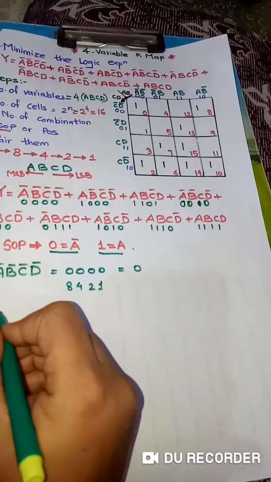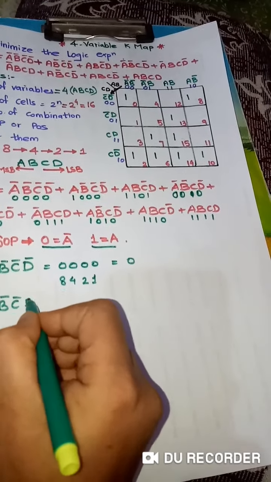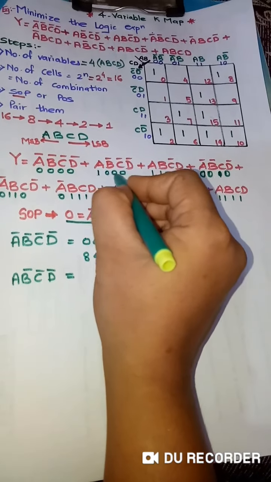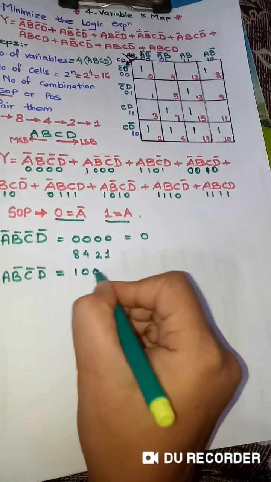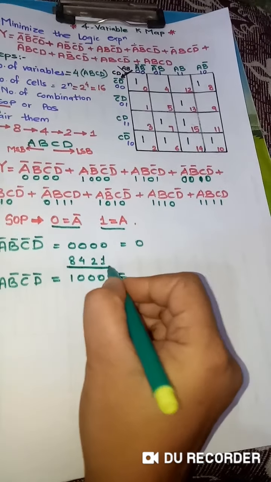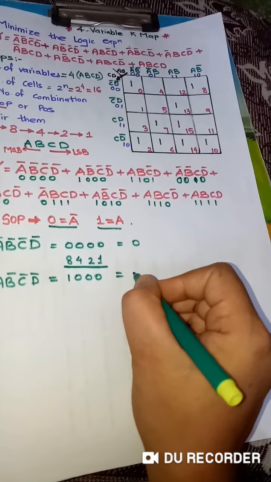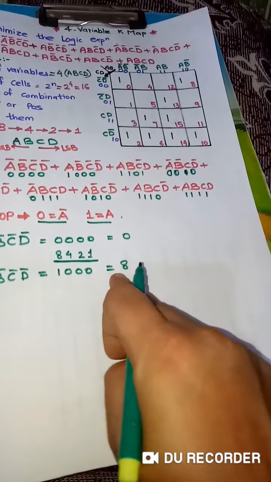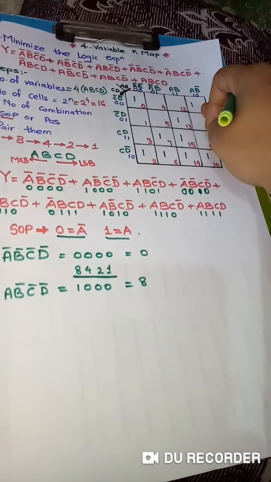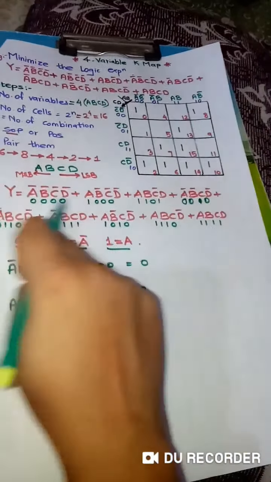Again for A, B bar, C bar, D bar, I have written 1, 0, 0, 0. Comparing with the pattern, 1 is 0, 2 is 0, 4 is 0, 8 is 1. So I have only one output, that is 8. Have I filled block number 8? I can check it here. Yes, I have filled it. And 0, yes, I have filled it. Likewise you can do it for all the terms.